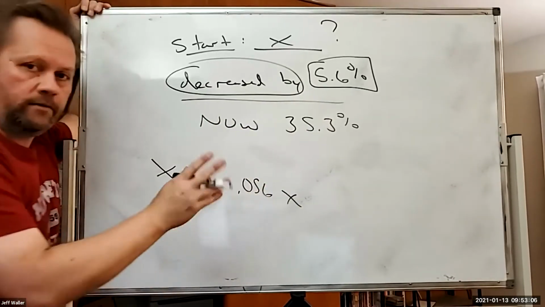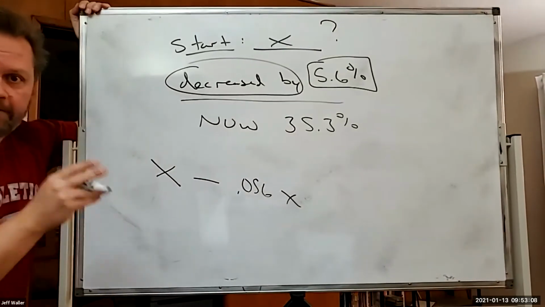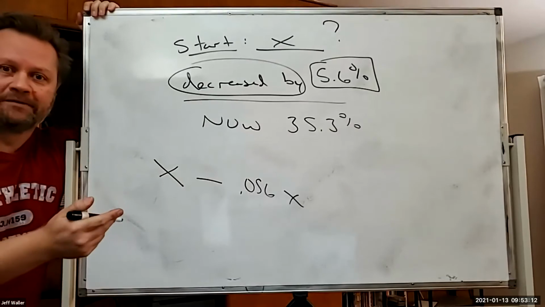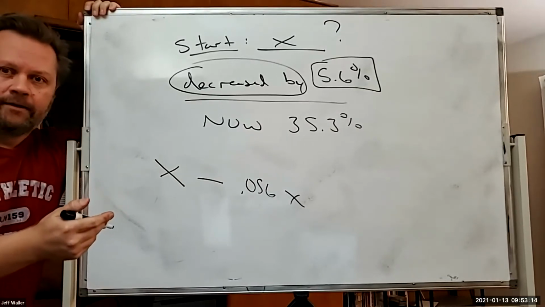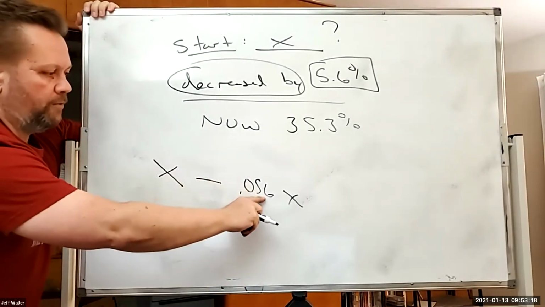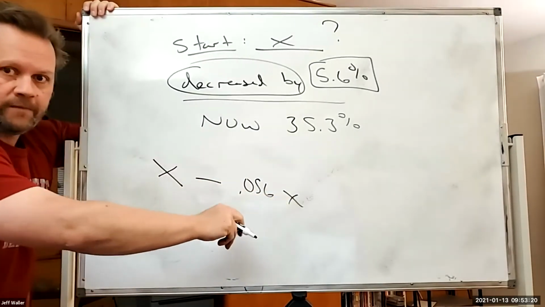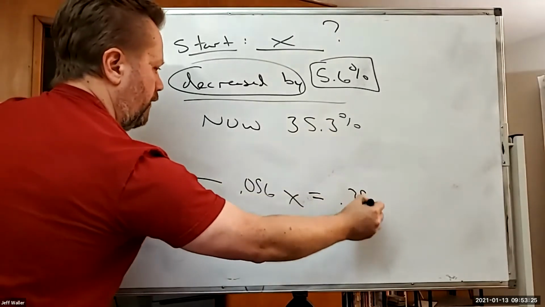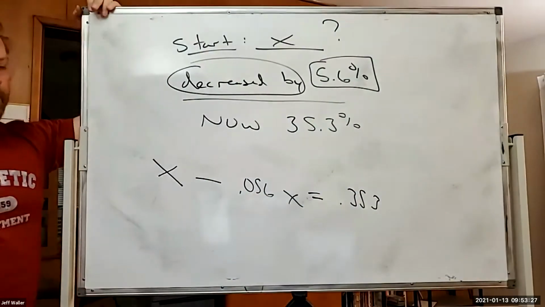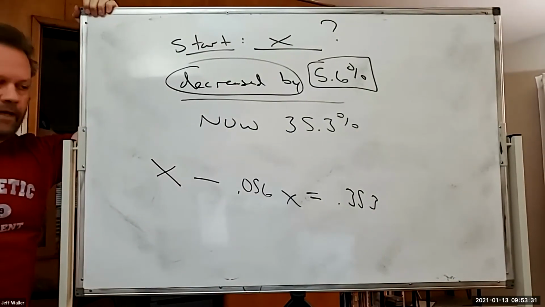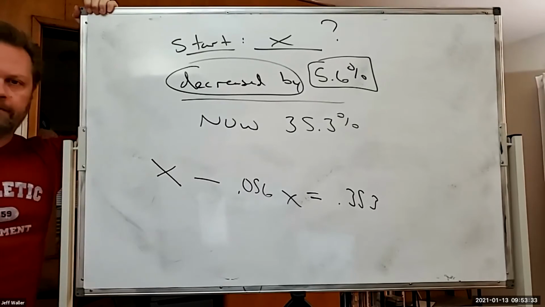So this really is just a 5.6% discount. It started somewhere and it went down by 5.6% of that. And then we end up at 0.353. So now you just have to solve for X.